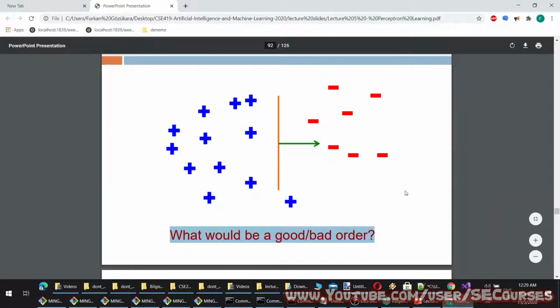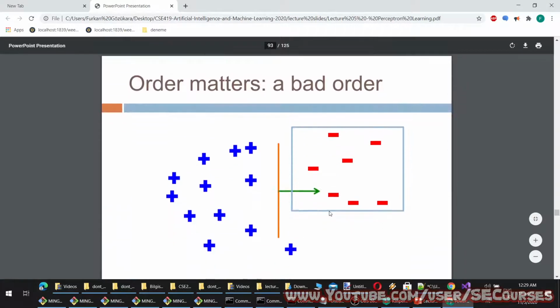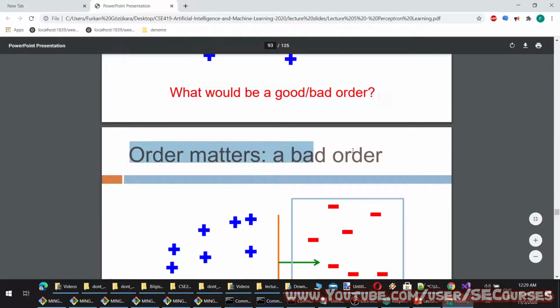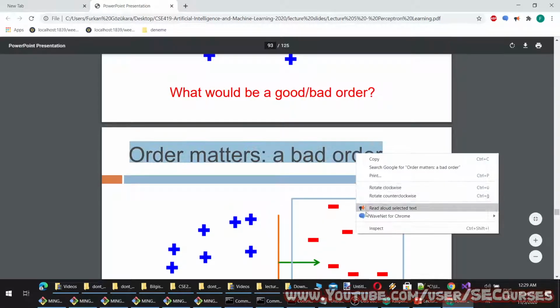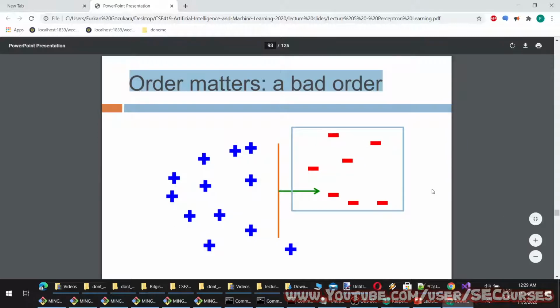What would be a good or bad order? So in this case, which one would be good? I think starting from this one would be good because it is incorrectly classified. Order matters, a bad order.